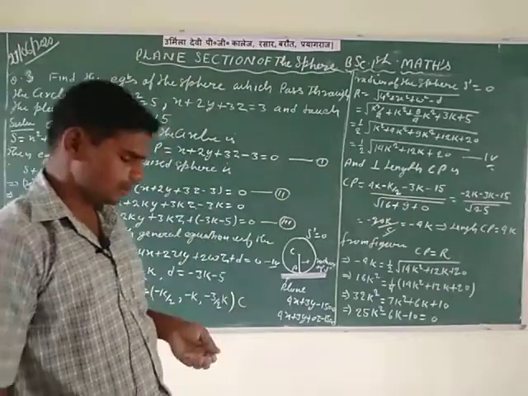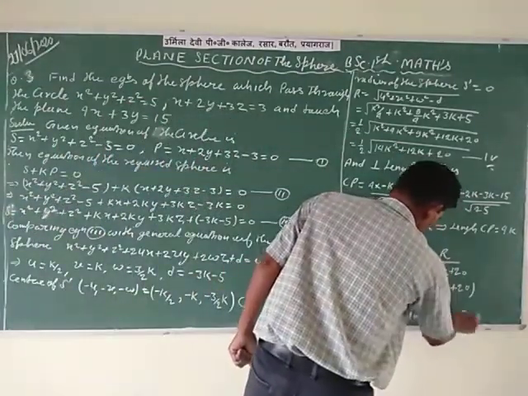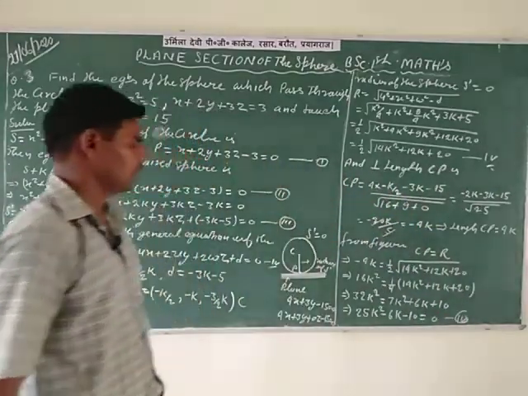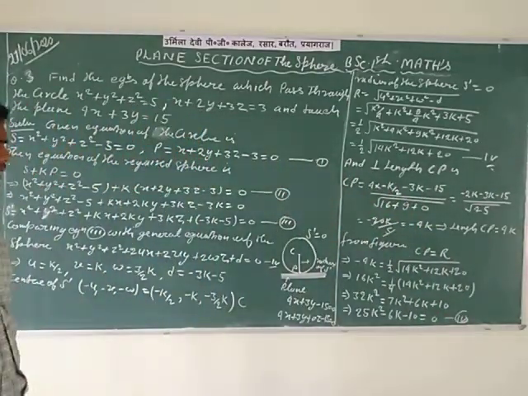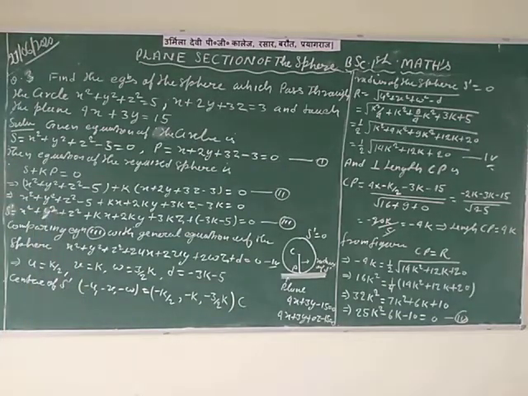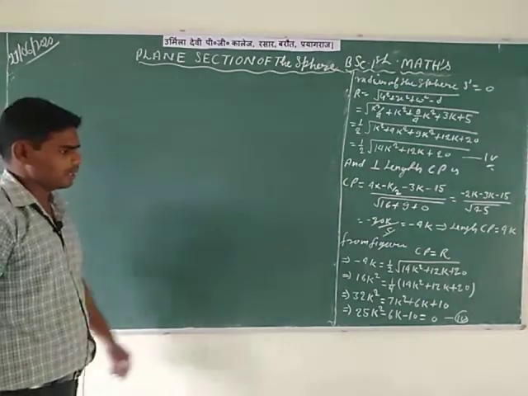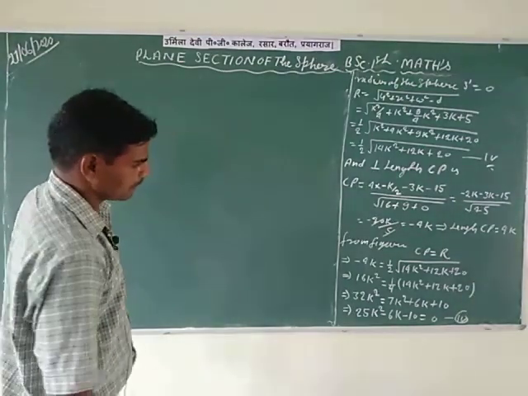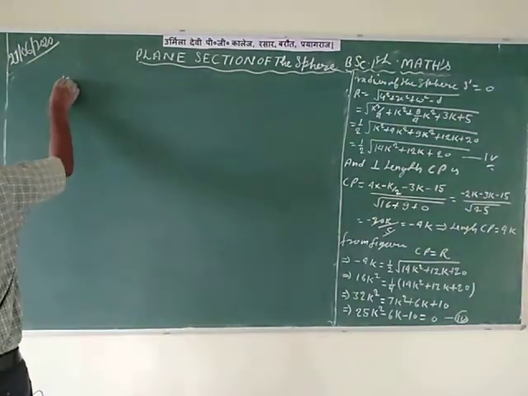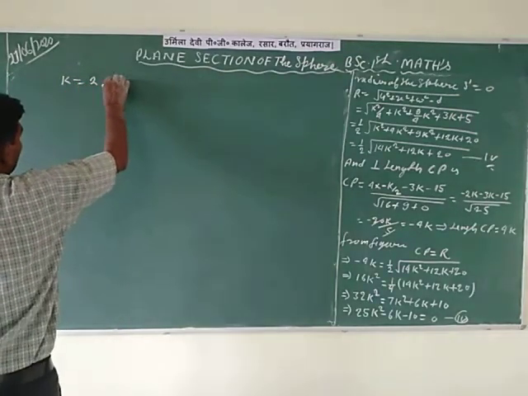After factorization of this equation, represented by equation fourth, you can find the value of the unknown number capital K. After factorization of equation fifth, the value of k is equal to 2 and 4 by 5.